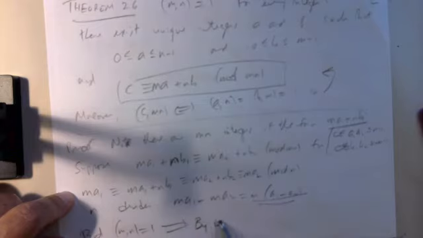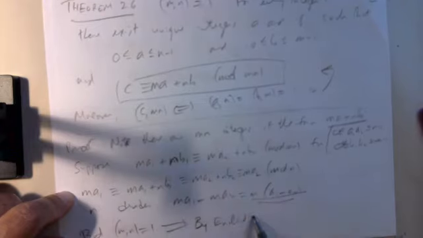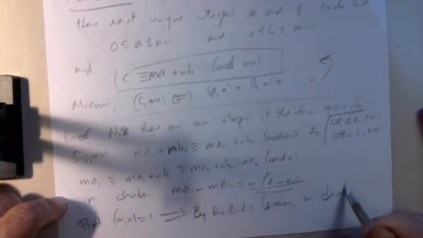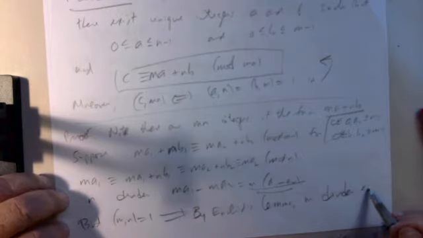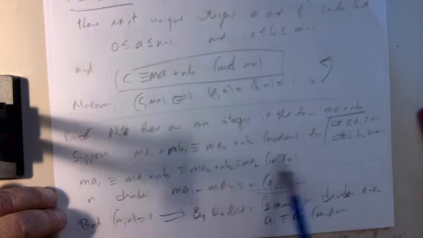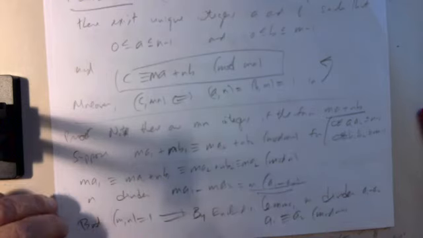So by Euclid's lemma, m divides A1 minus A2, or A1 is congruent to A2 mod m. So if this condition holds, in fact, A1 and A2 are congruent mod m.